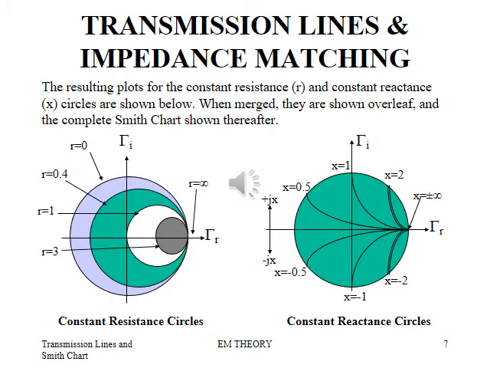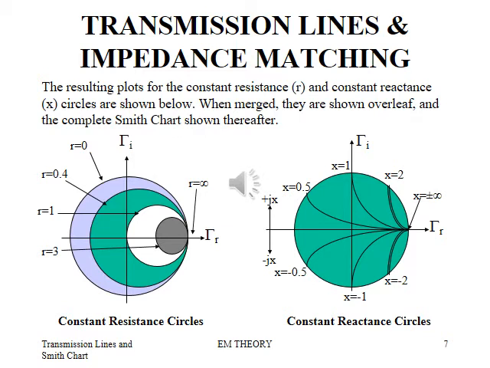Now for the constant resistance circles, we have the circles to the left. Remember, we are in the complex gamma plane. So you have gamma imaginary on the vertical axis and gamma real on the horizontal axis. Now, if you look at the constant resistance circles, let's start with the case where R is equal to 0.